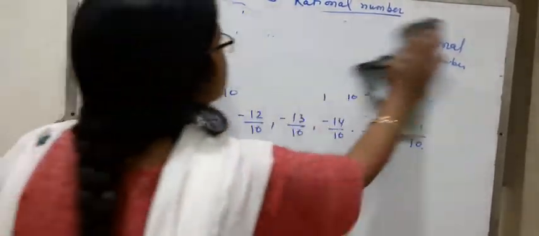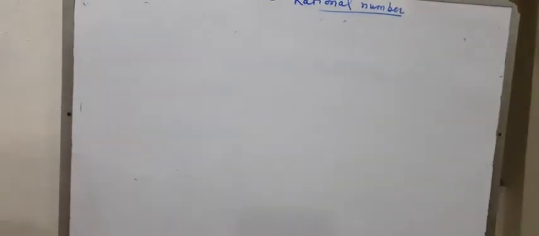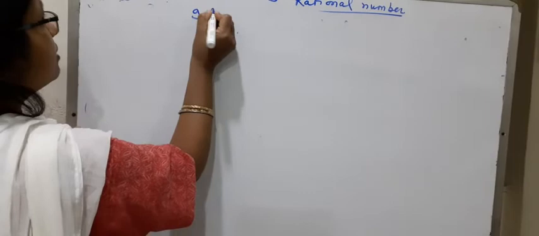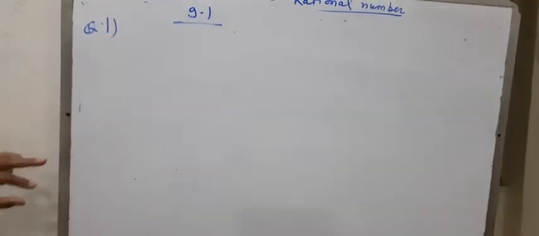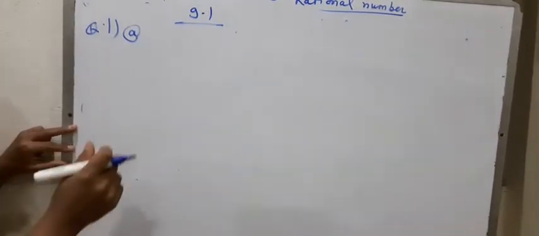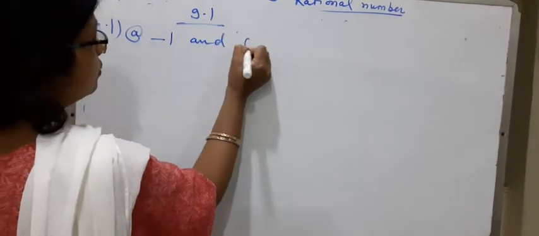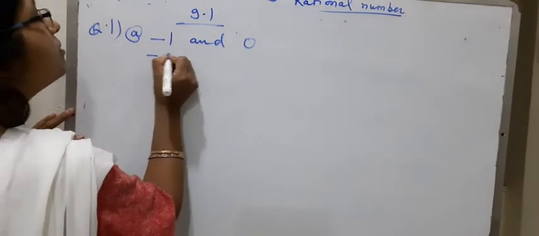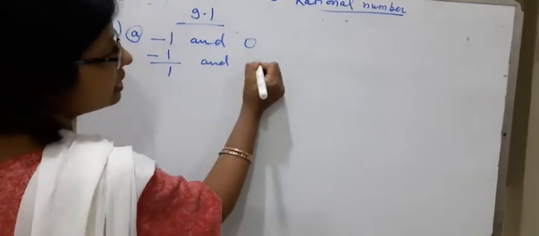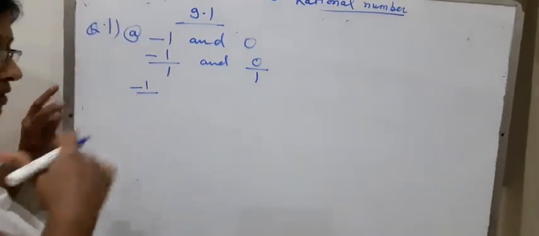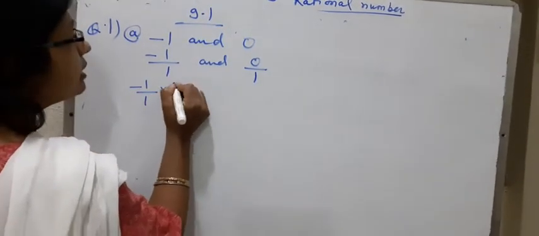Now we start exercise 9.1, question number 1. First is list 5 rational numbers between -1 and 0. As in the example, we write -1 by 1 and the second rational number is 0 by 1. To find 5 rational numbers, we multiply both by 10 by 10.